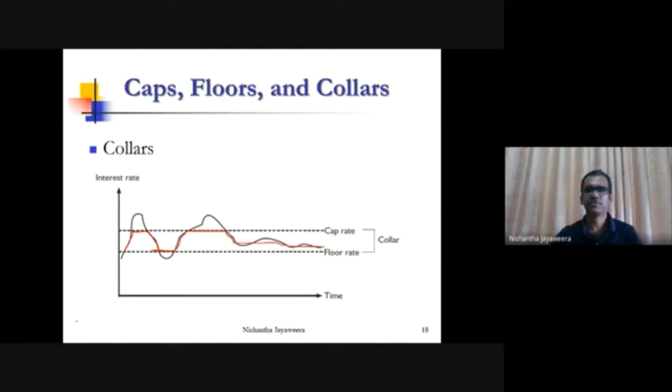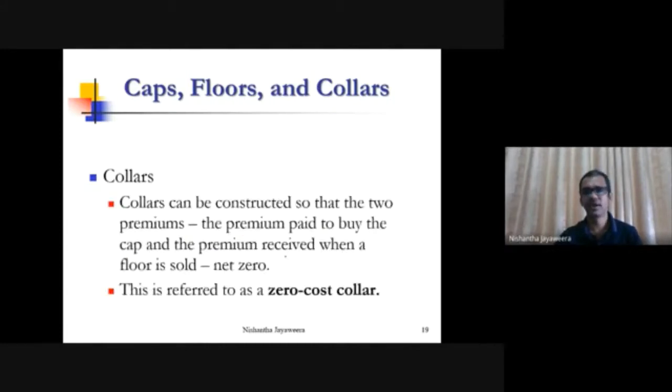So when you construct a collar, you can create it in such a way that your cost would be 0. That means you don't pay any premium, or you don't receive any premium on a net basis. How do you construct it?